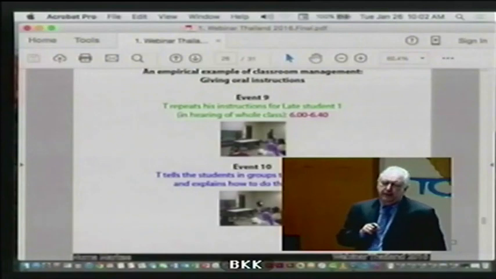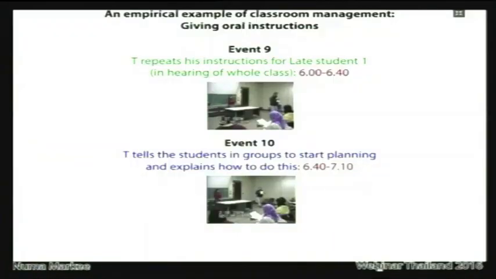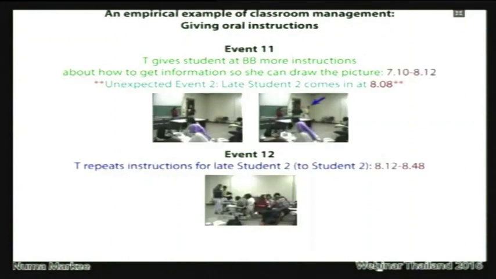And in event number 10, I told the students to start their planning, and I explained to them how to do this planning. In event number 11, I gave some more instructions to Sandra, the student at the blackboard, and it is during this time that the second late student came in.